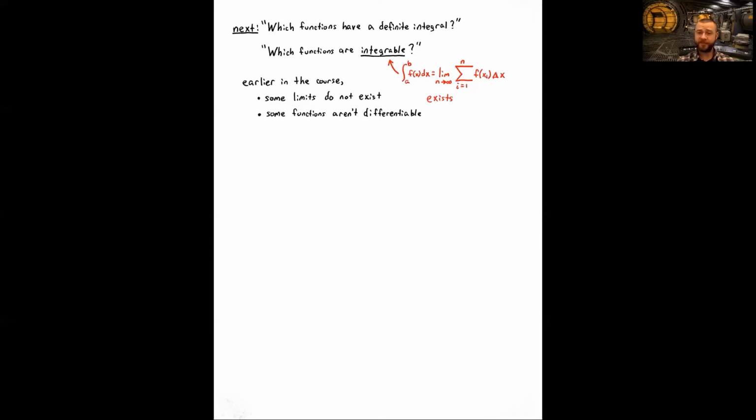It's a really cumbersome limit of this finite sum of n rectangular areas, but hopefully you can see where the existence ideas come in. So when we ask which functions are integrable, we're basically asking for which functions that limit definition exists.